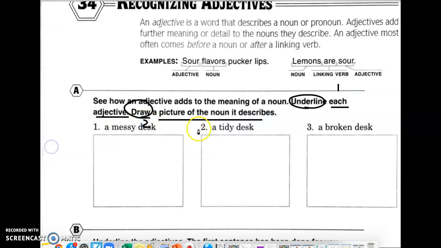Okay, so taking a look at the first one, a messy desk. We need to underline the adjective. Well, I know that the noun in this sentence is desk. The noun is desk. That's the thing that this phrase is speaking about, okay? Messy helps to describe or add meaning to the desk. That's our adjective.